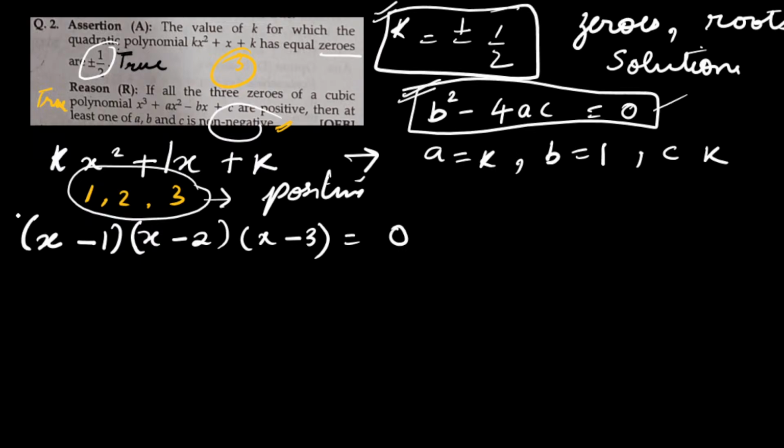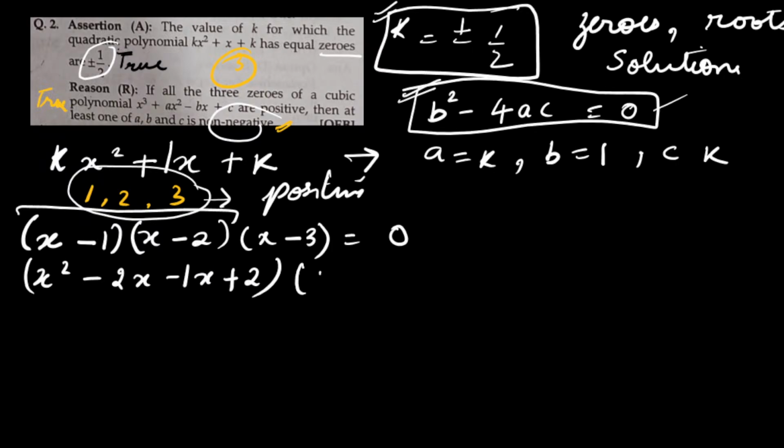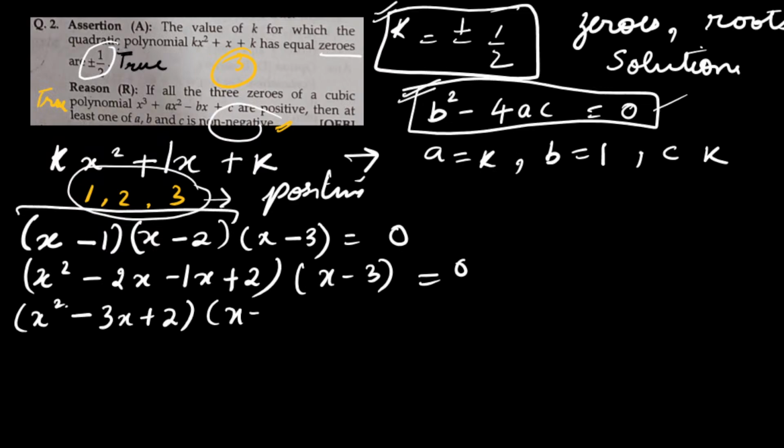So first of all, let's multiply these two. So x into x is x square, then x into 2 is 2x, then minus 1x plus 2. This into x minus 3 equals to 0. Then like terms we can solve: x square minus 3x plus 2, into x minus 3.